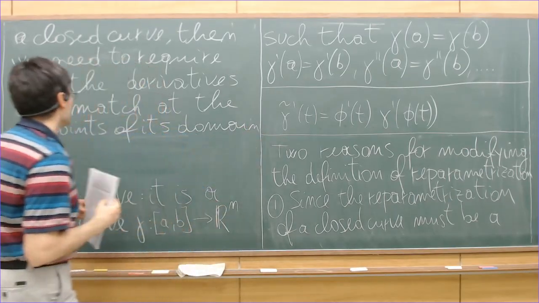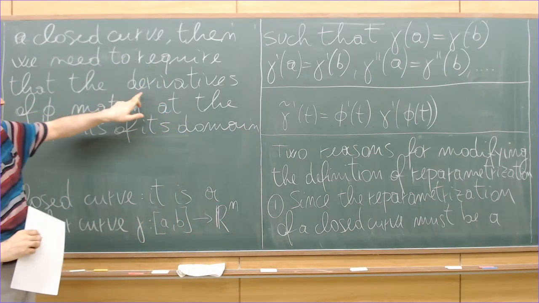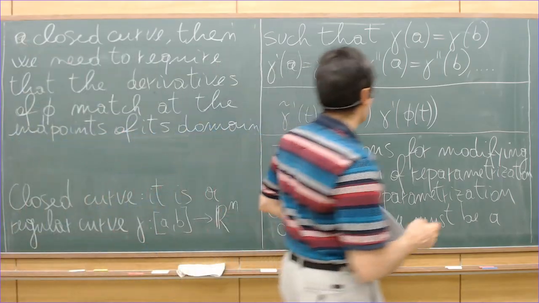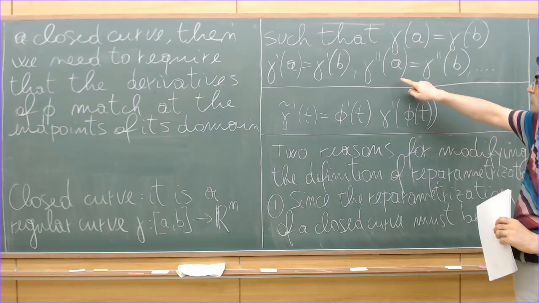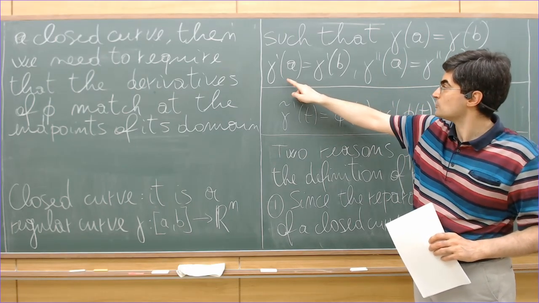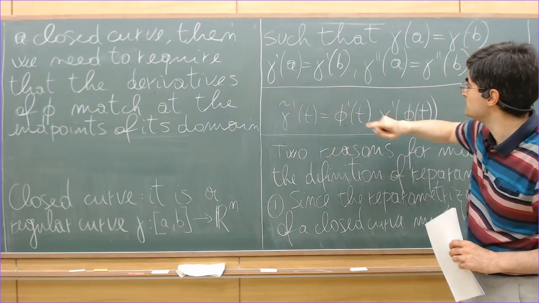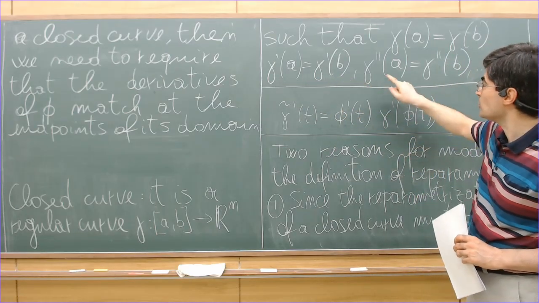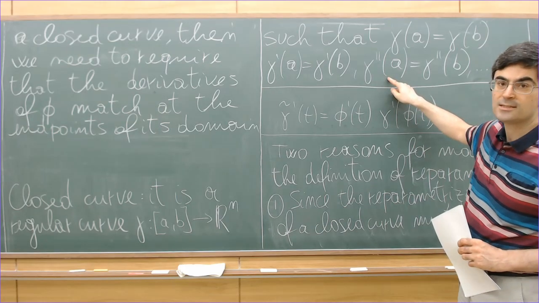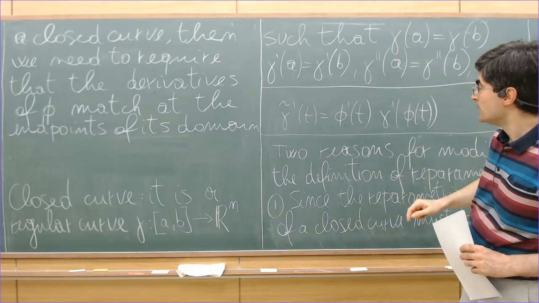And the reason why here I mention all the derivatives of phi is that we want not only the first derivative of gamma to match at the boundary points of the interval of definition, but also the higher order derivatives of gamma must coincide at the boundary points.